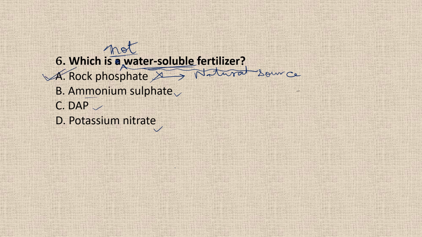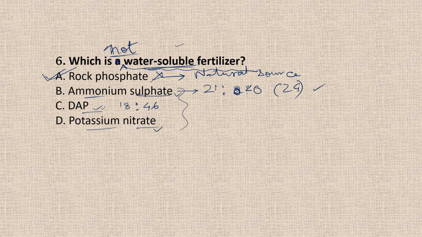बाकी जो तीन options हैं ammonium sulfate and DAP and potassium nitrate, all three of them are water soluble fertilizers, right? So if we talk about DAP, I already told you it contains 18 nitrogen and 46 phosphorus, and ammonium sulfate contains 21% of nitrogen and 24% of sulfur. So this is ammonium sulfate. This is also water soluble.